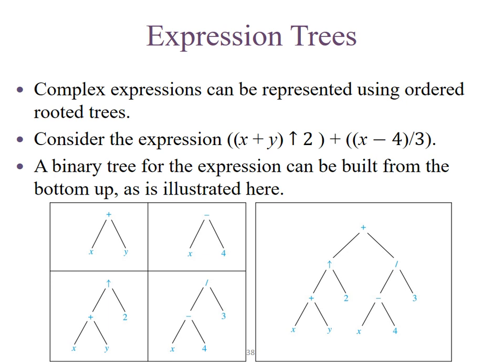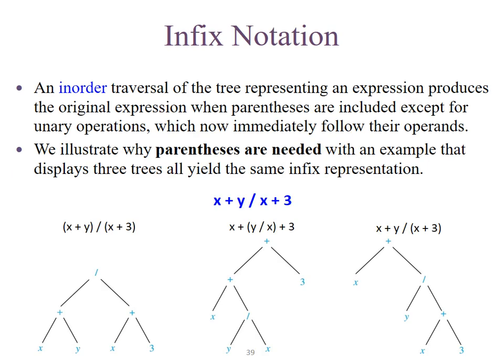Finally, we can combine these two parentheses together with the addition as the root, and we have the left parentheses and right parentheses. So this is what we call an expression tree. Actually, you can draw any trees for the expression.